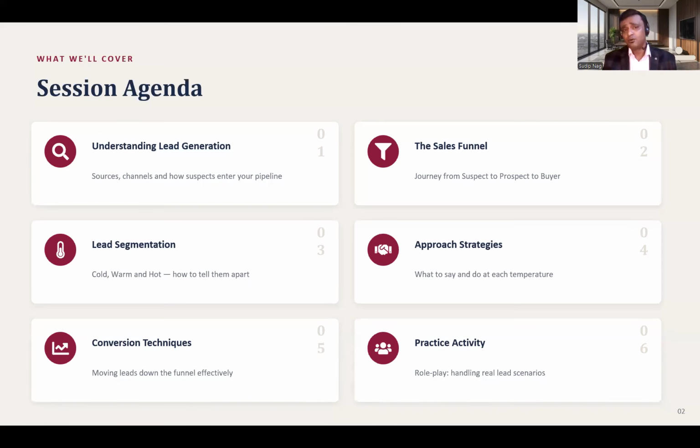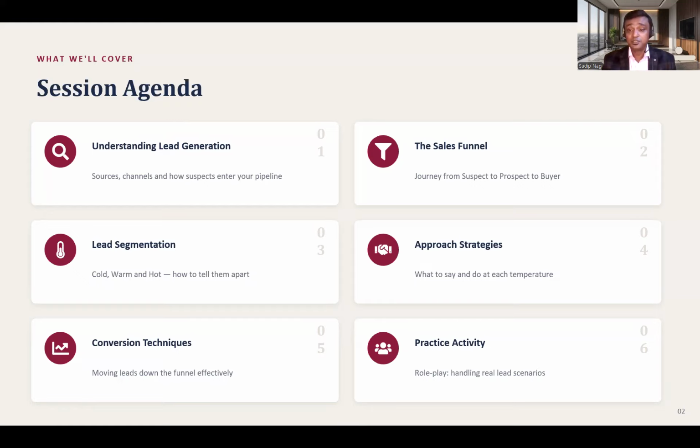Today, let us have at a glance what overall we are going to discuss. Understanding lead generation, sources, channels, and how suspects enter your pipeline. The sales funnel itself, the journey from suspect to prospect to a buyer. What is a cold lead, warm lead, hot lead, and how to tell them apart and how to deal with them in different scenarios.